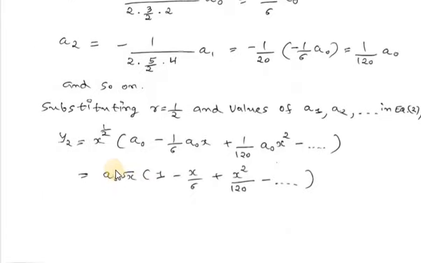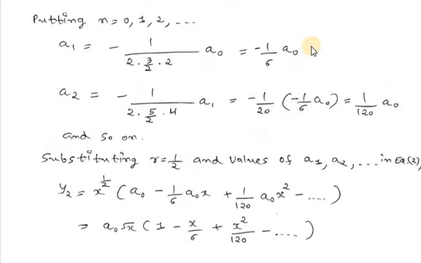Now substituting r equals to 1 by 2 and the values of a1 and a2 in equation number 2, which is x raised to r into bracket a0 plus a1x plus a2x square. So y2 equals to x raised to 1 by 2 into bracket a0 plus the value of a1, that is minus a0 by 6 into x, plus the value of a2, that is 1 over 120 a0 x square and so on.